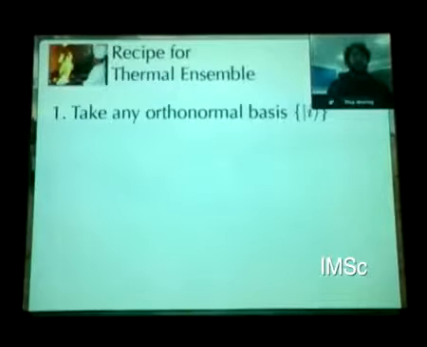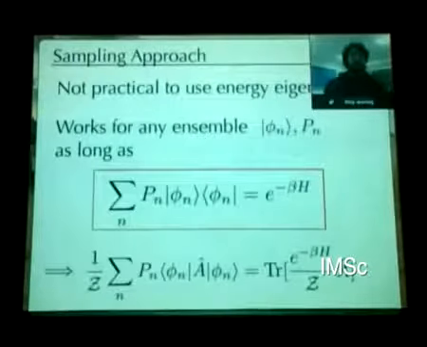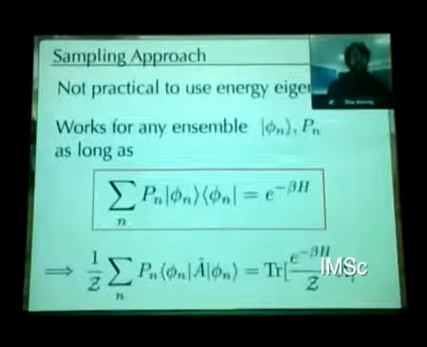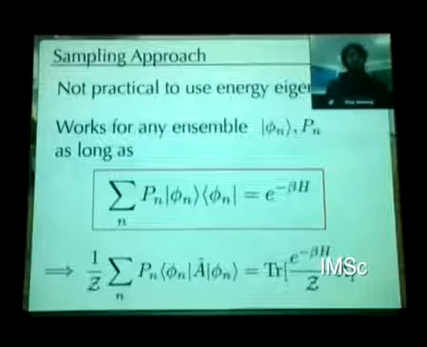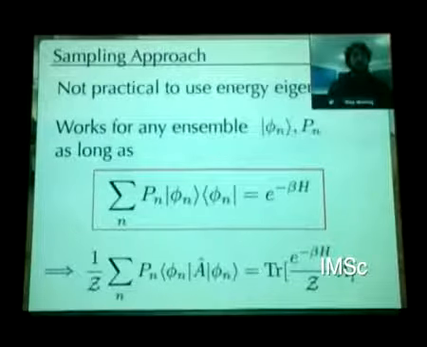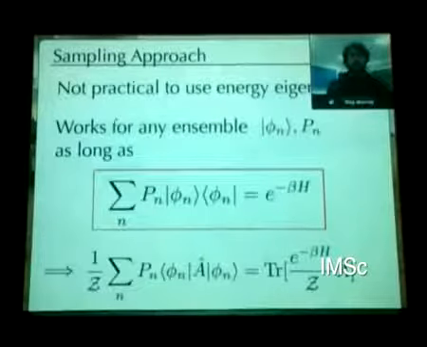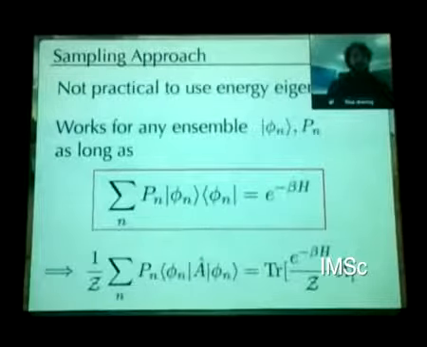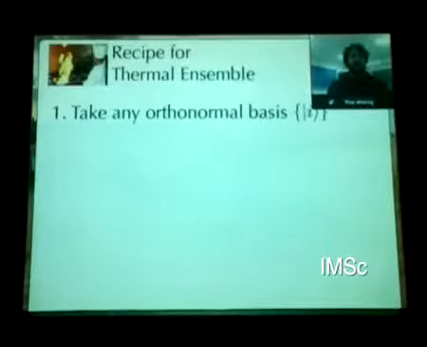Then they are distributed with relative probability rates p n, such that if you add them up, they add up to the density matrix at temperature beta, where the temperature is 1 over beta. If you take an average in that ensemble, you get the correct thermal average. So there's a general recipe for making any thermal ensemble from your favorite basis.